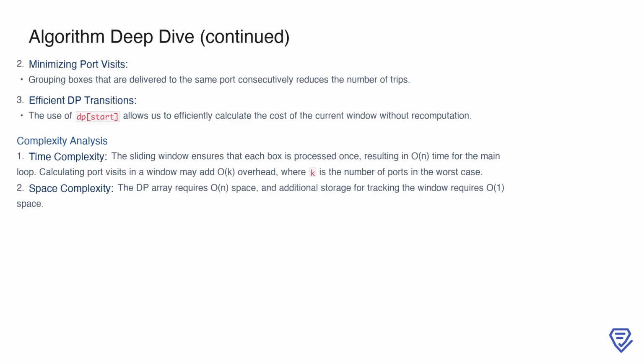For complexity analysis, the time complexity is O(n), with an additional O(k) overhead for calculating port visits in the worst case, where k is the number of ports. The space complexity is O(n) for the dp array, with an additional O(1) for sliding window variables, making this approach both time and space efficient.